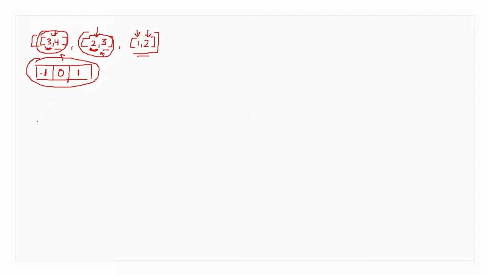Now since we are done with the explanation, let's try to identify how can we apply binary search in this question, or why should we even apply binary search in this question.